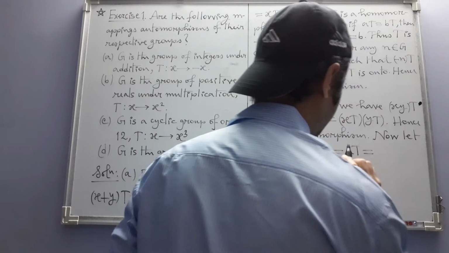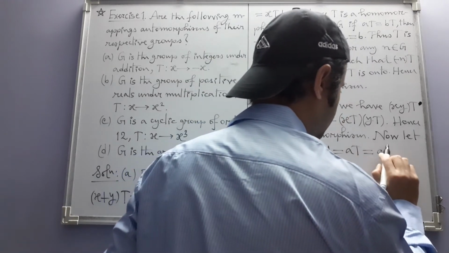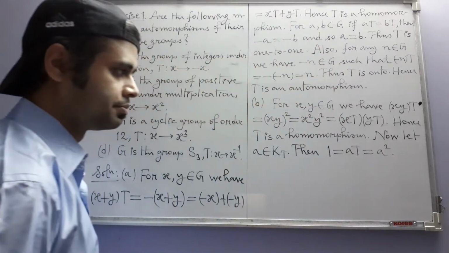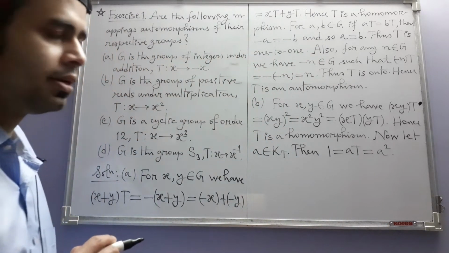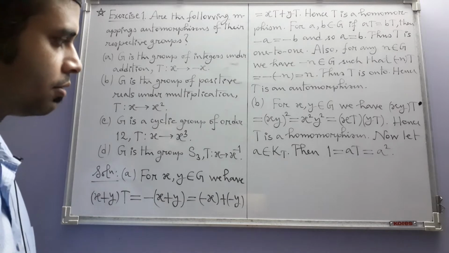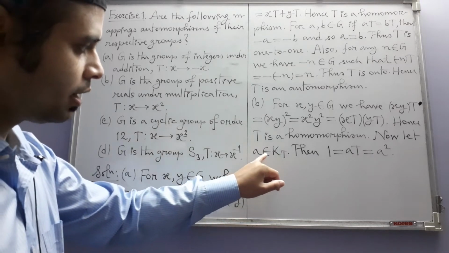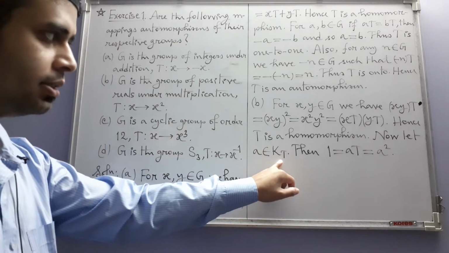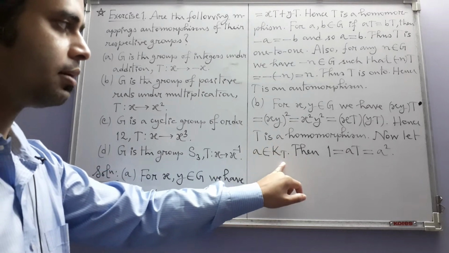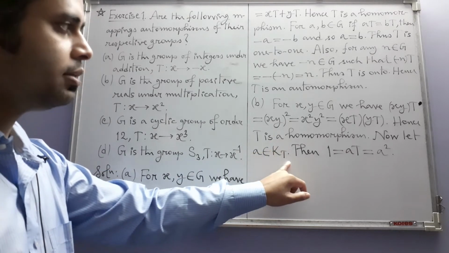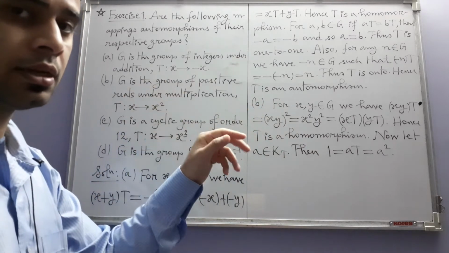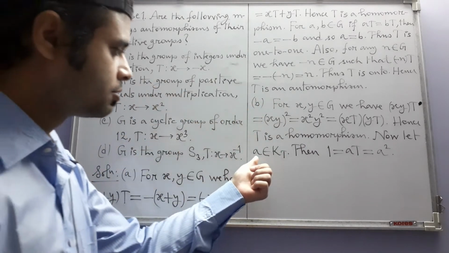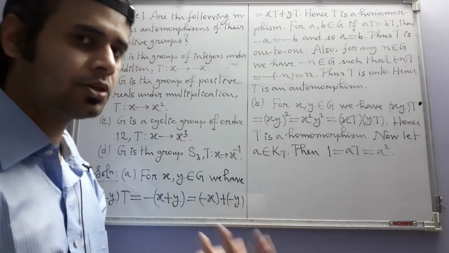But according to the definition of t, at is also a square. So a square is 1 and a is a positive real number. Note that we are assuming a to be in Kt, where Kt is the kernel of t. So Kt is a subset of the given group, in fact a normal subgroup of the given group. So a after all is a positive real number.